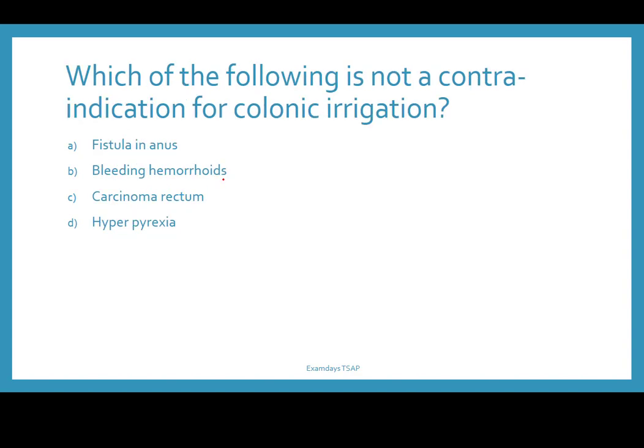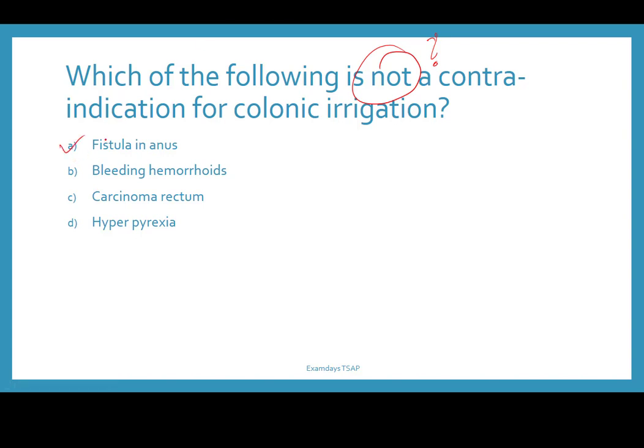Next question. In this question we are going to concentrate on colonic irrigation. The complete question is, which of the following is not a contraindication for colonic irrigation? Please understand, the question asks which is not a contraindication for colonic irrigation.